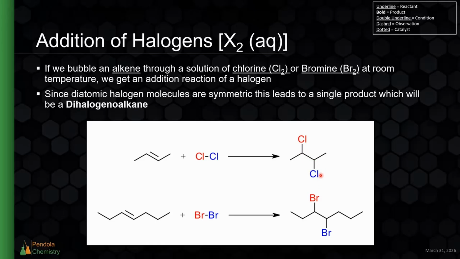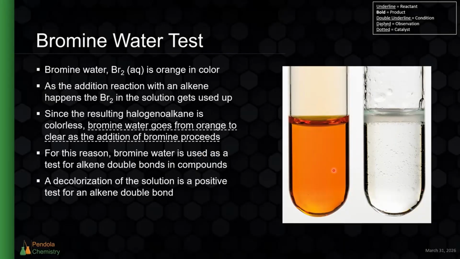It's always one product. But this, if it's bromine specifically, the halogen, can be used to test for the presence of an alkene, or a double bond, in an unknown. So that's the what. What we're going to do next is talk about the why, the mechanism for this reaction.